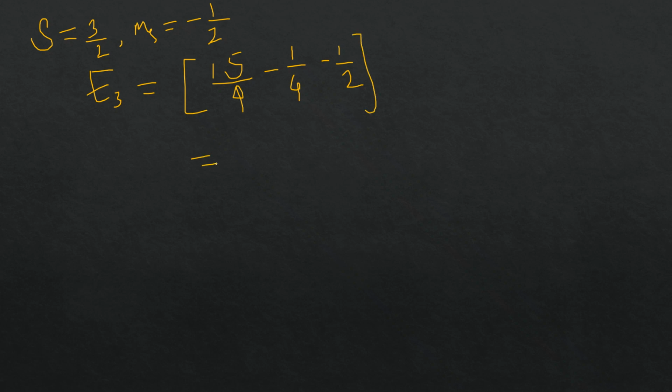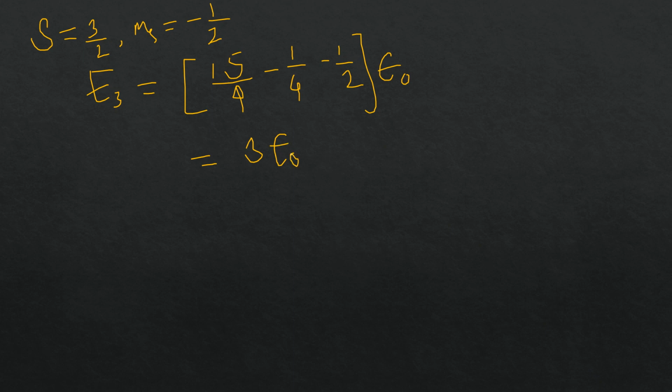So E3 will become what? 15 by 4, because this is 3 by 2, that is same, 15 by 4 minus 1 by 4 minus 1 by 2. 15 minus 1, 14, minus 2, 12. So 12 by 4, that is 3 epsilon naught.